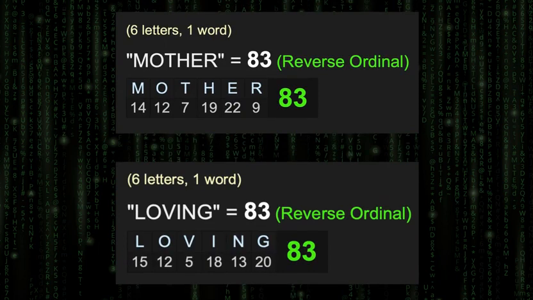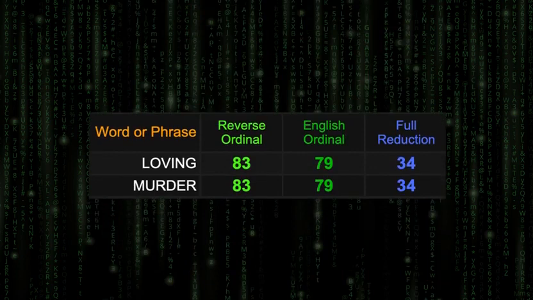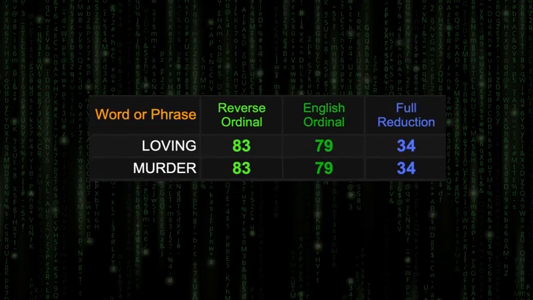The word loving sums to 83. In fact, loving and murder are a supermatch across 3 of the 4 base ciphers. So this vividly illustrates the fact that no particular theme has exclusive dominion over any set of numbers.